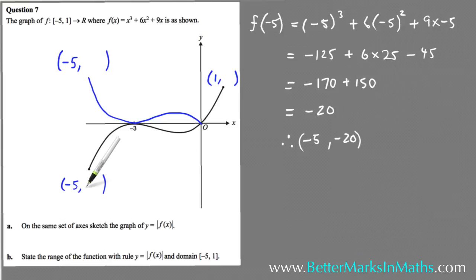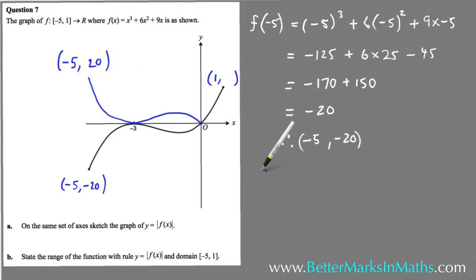Therefore, marking that in here, they don't actually ask you to do that, but you need to figure it out. The absolute value of -20 is +20. So that means that just looking at the graph, you can see that this point is higher than that point.